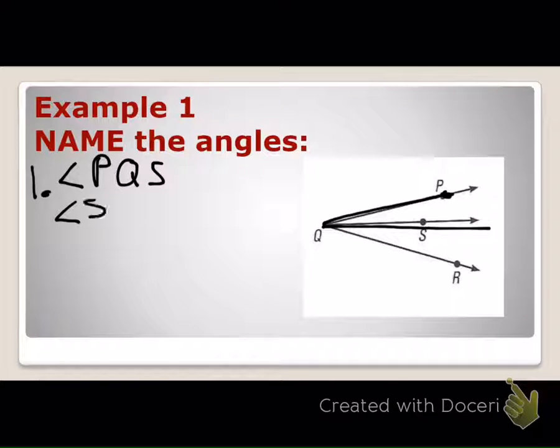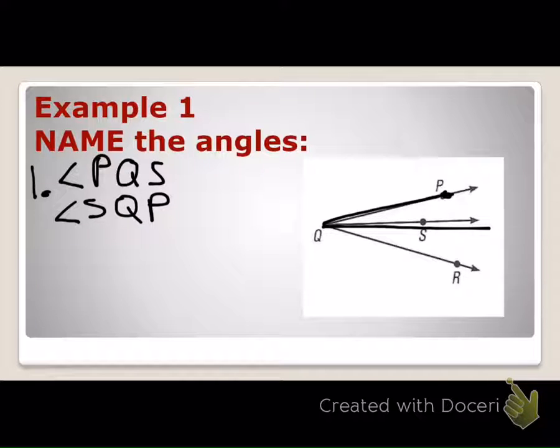SQP. Angle SQP. So let me say that again. You start at one end, the end of the ray, work your way to the vertex, and then go up the other ray. So PQS, and then you just reverse it, SQP. What always goes in the middle? The vertex.